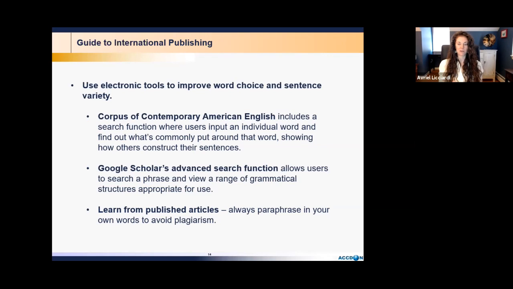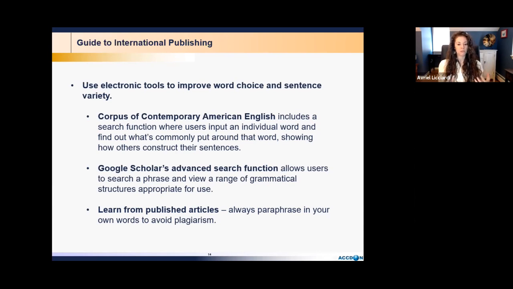So this is how you can piece together sentences or make sure that you're expressing your science in similar ways to what has already been published. And then lastly, a technique that I've always used is to learn from published articles. If you find an author or a couple papers that you really like, or the way that something has been expressed, you can take a few words from one sentence here, one sentence there, one sentence somewhere else, and piece them together to make a sentence.